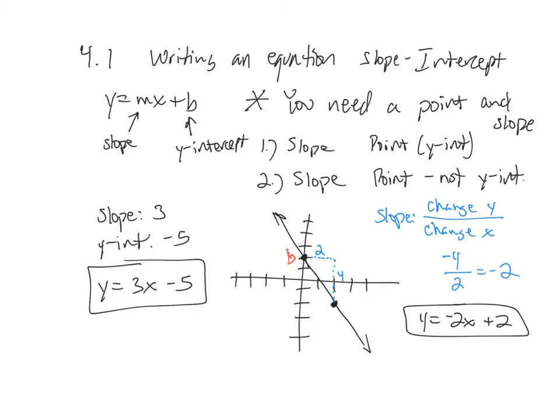Then we move on to a standard deal where they give you 2 points to work with. So if I had (2, 7) and (0, -5). I have a point, and I don't have the slope, so I need to figure out the slope.